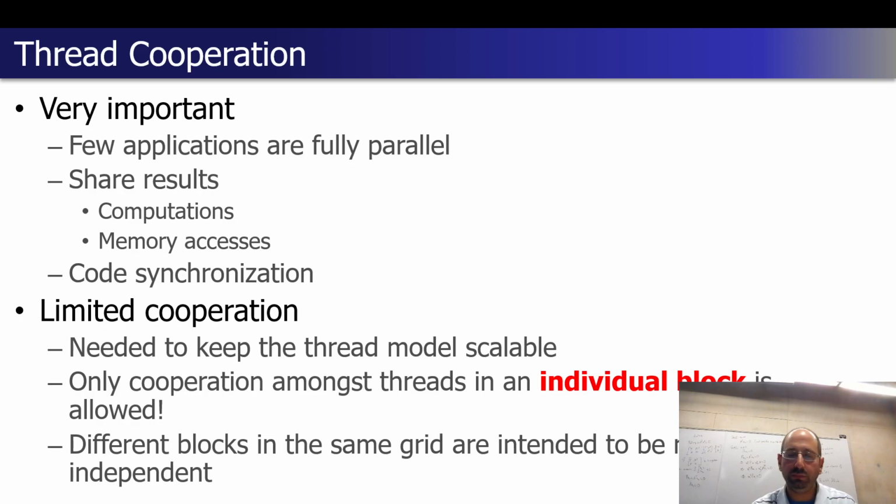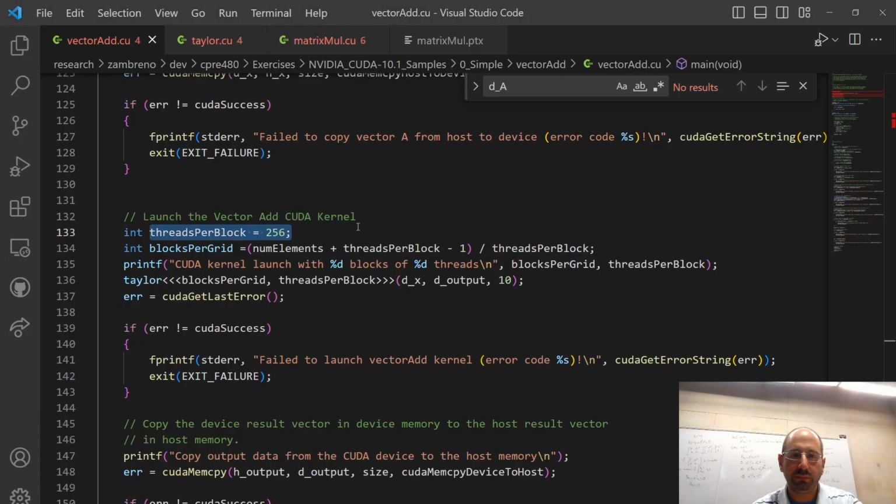Where in the code do you actually specify the size of the two-dimensional? Well, this example kind of stinks because it's just one dimension. So it's not that great because this is just a single row of threads in a block. So it's 256 by 1, I guess. And then a single row of blocks in a grid. So whatever 50,000 divided by 256 is, that many blocks in our grid.